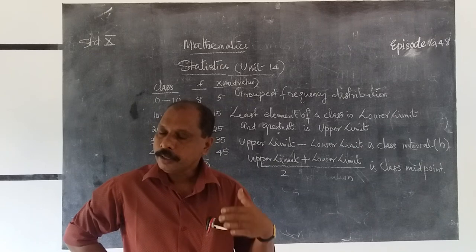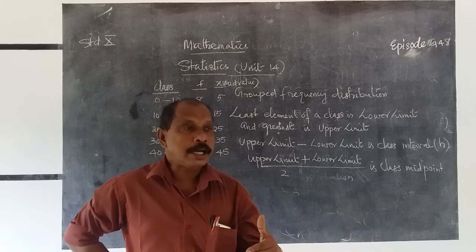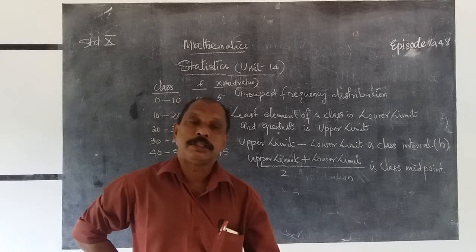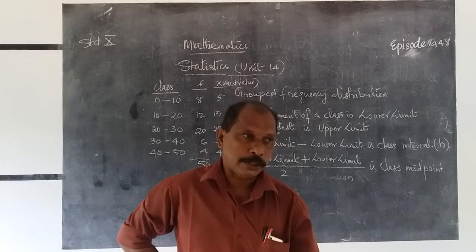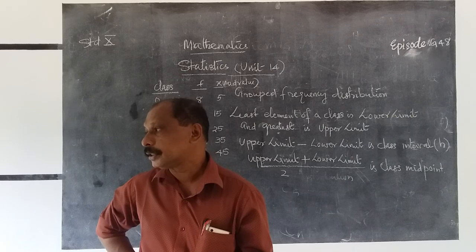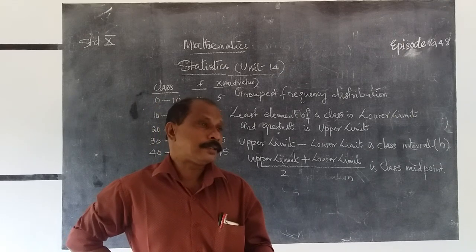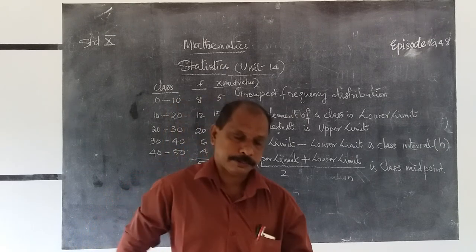A group with items or data and their own frequencies is known as an ungrouped frequency distribution, and the sum of the frequencies is always the total number of items.